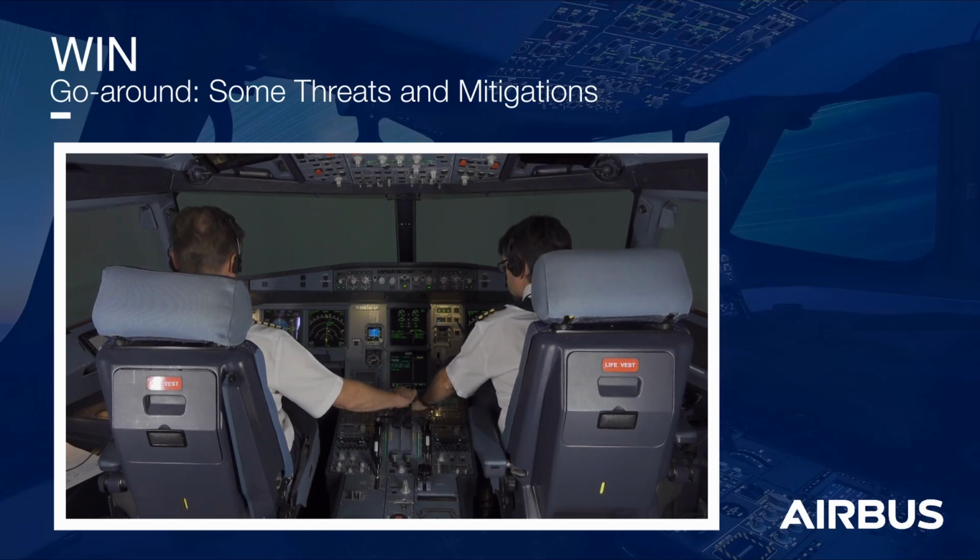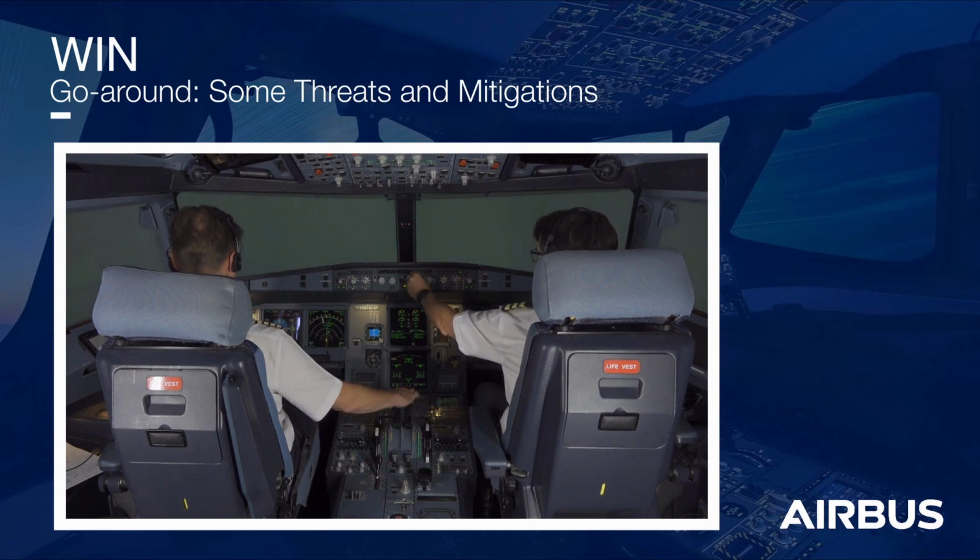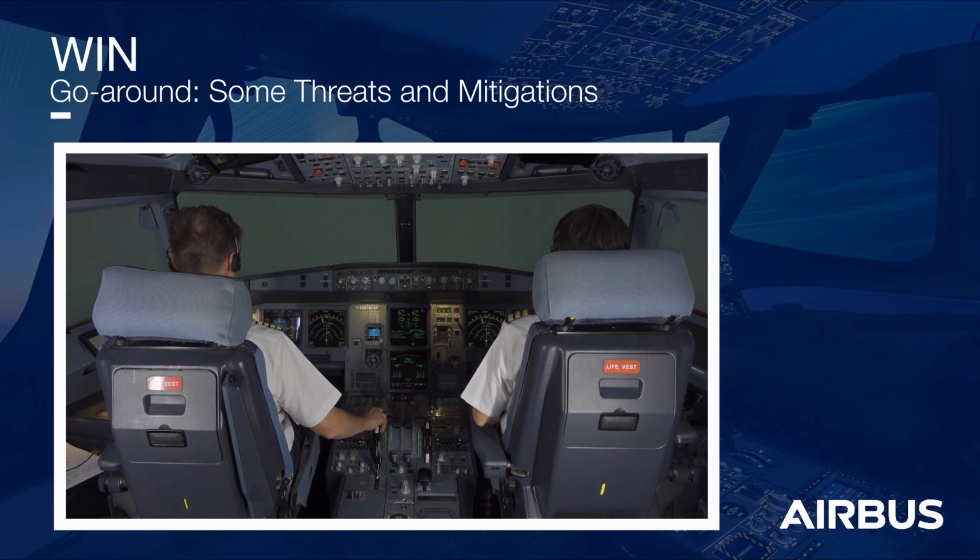Remove. ECAM actions completed. Flaps 3. Speed check. Flaps 3. Glide slope star. Check. Set go-around altitude. Go-around altitude 5,000 feet. Set. Check. Glide slope. Check. 2,500. Check.